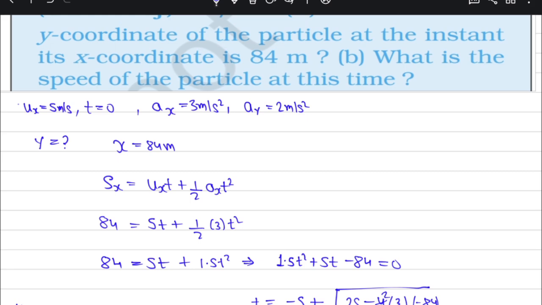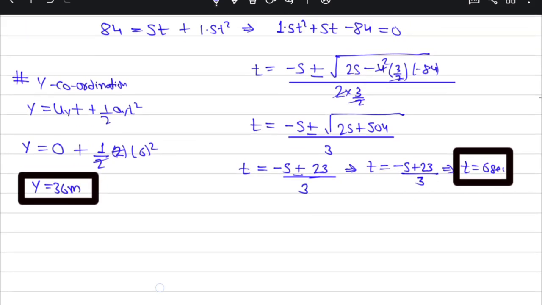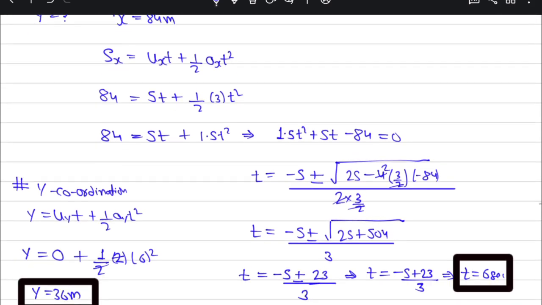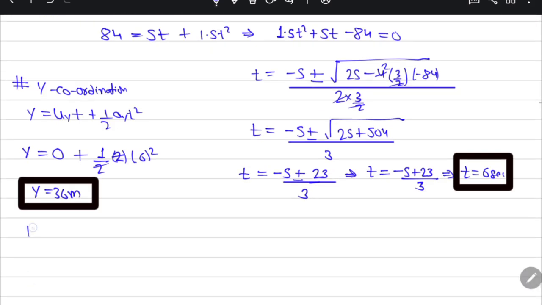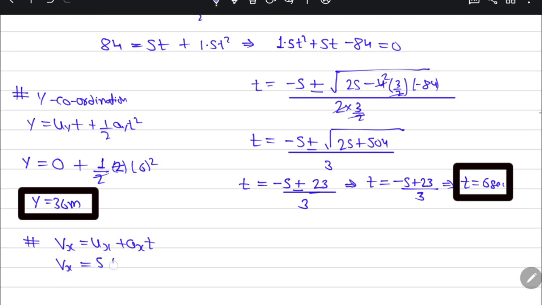Now what are they asking? What is the speed of the particle at that time? They are asking the speed of the particle at that time. So we can apply vx is equal to ux plus ax into t in the x direction. In the x direction, the initial velocity is 5 plus 3 into t, which is 6.